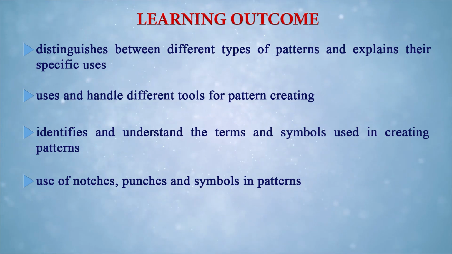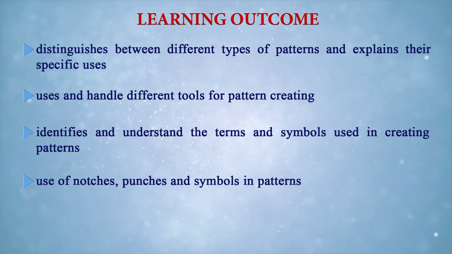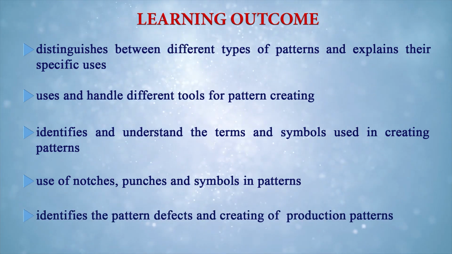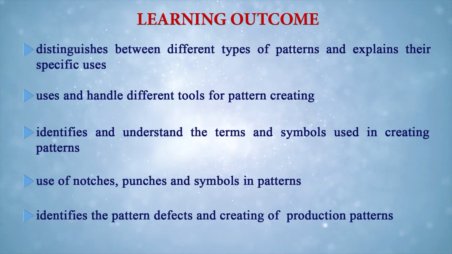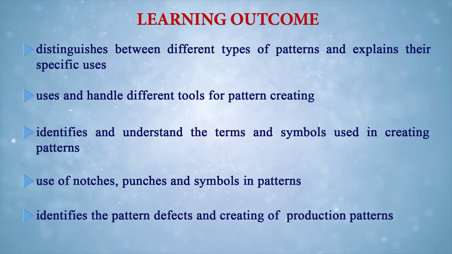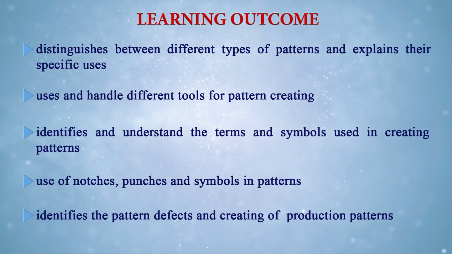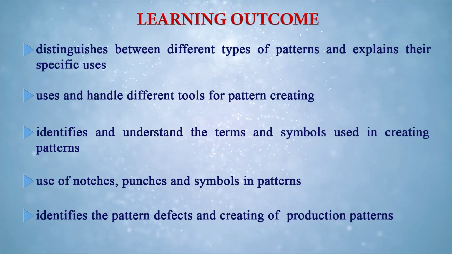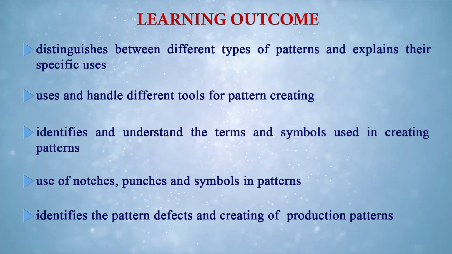So what is the importance and use of notches, punches and symbols on a pattern? Then you can identify the pattern defects and creating of production pattern, so you can identify what defects are there and how you can correct them. So this is the broad learning outcome, what you will gain and understand after doing this activity.